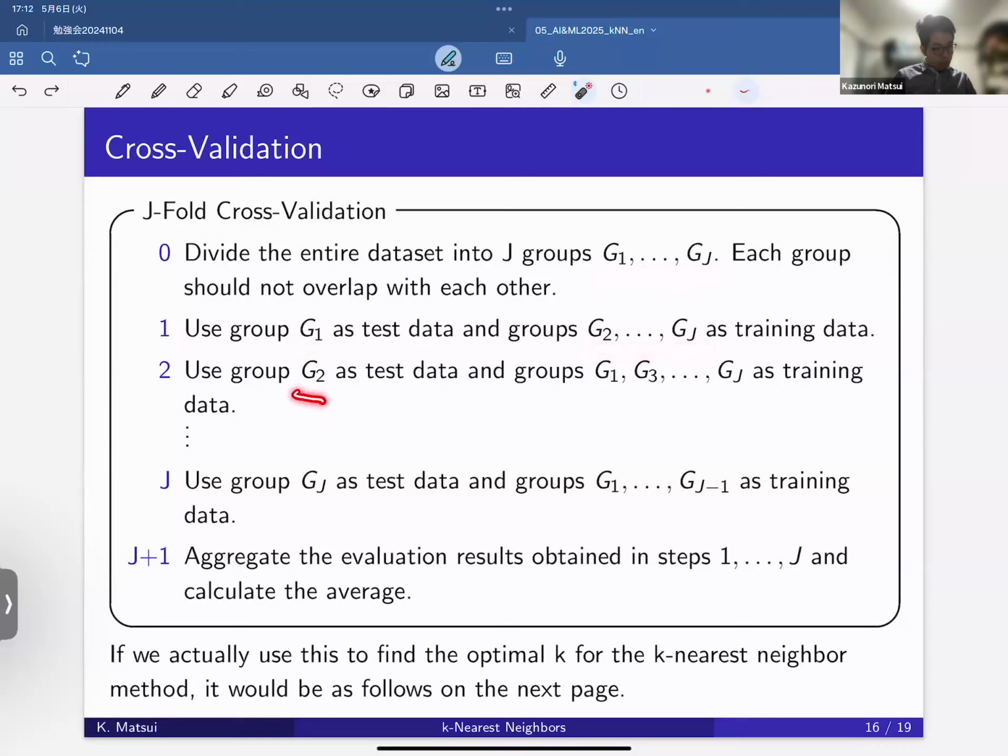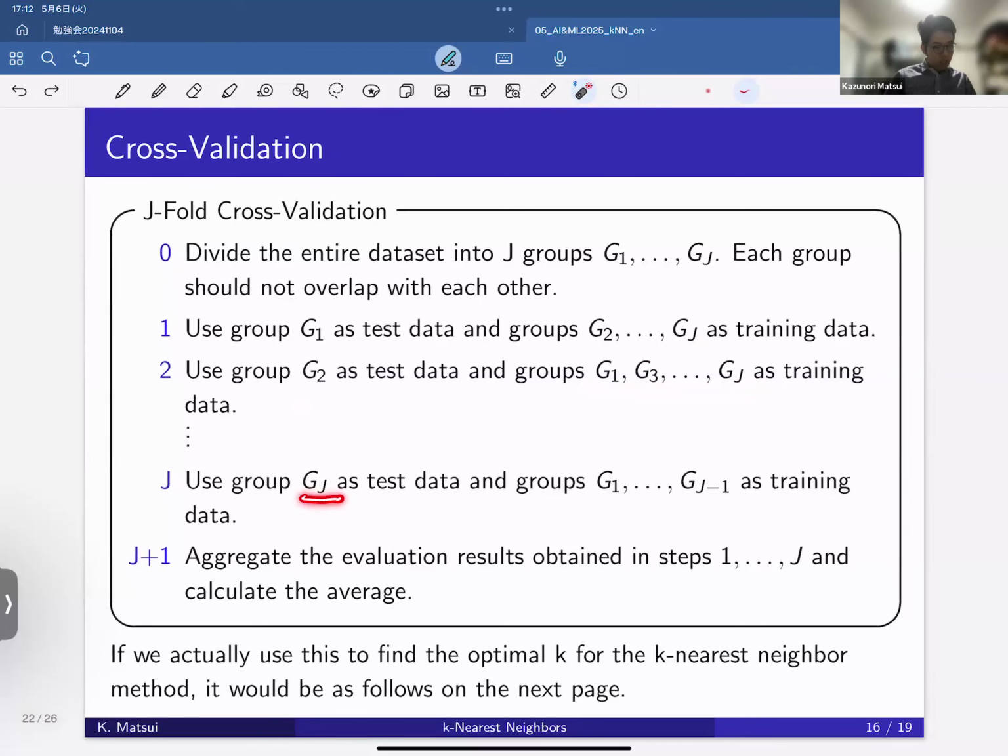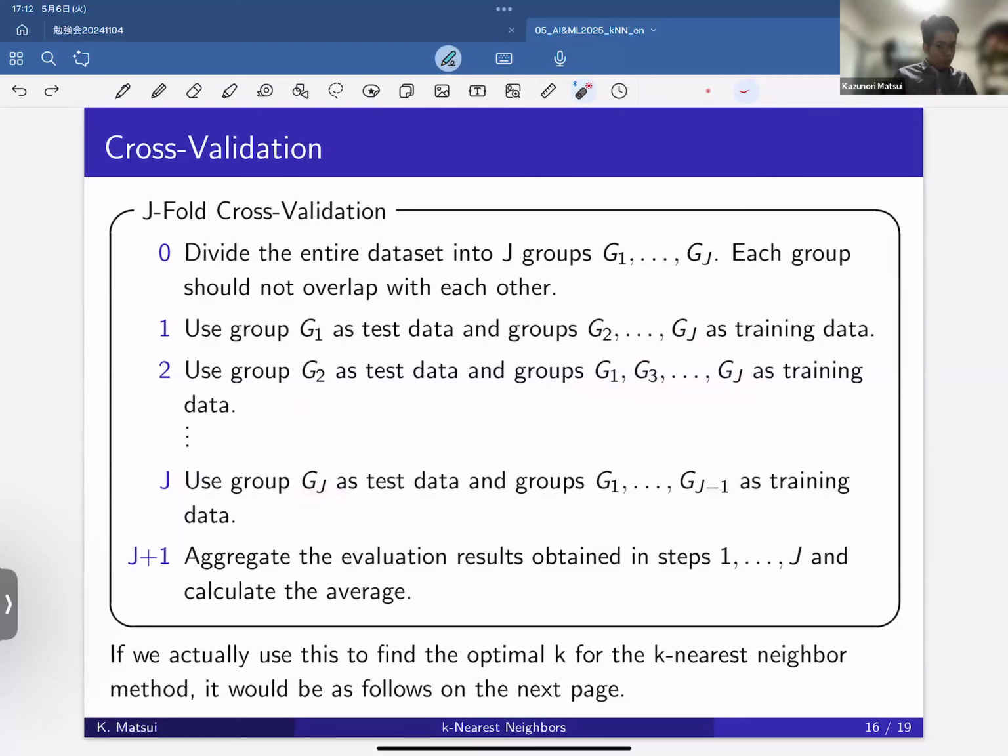Next, we use group G2 as test data and groups G1 and G3 through GJ as training data. We repeat this process until GJ becomes the test data. Then we collect and average the evaluation results from step 1 through J. By repeating this for different values of k, we can determine the best k. This is a cross validation measure.